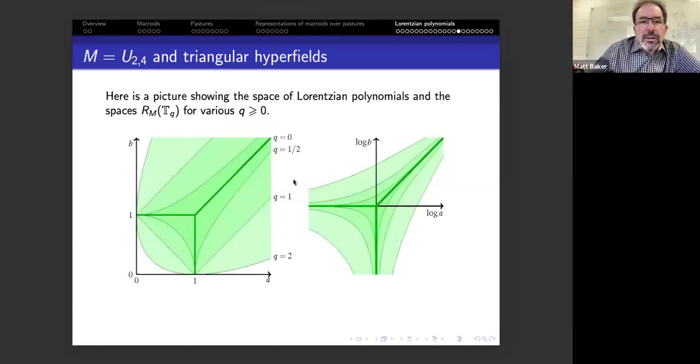Also, now we had the idea that one should look at not just q equals 0, but other q's. And something very surprising happens for U24. Namely, it turns out that the space of Lorentzian polynomials is, on the nose, the representations of U24 over the triangular hyperfield T2.